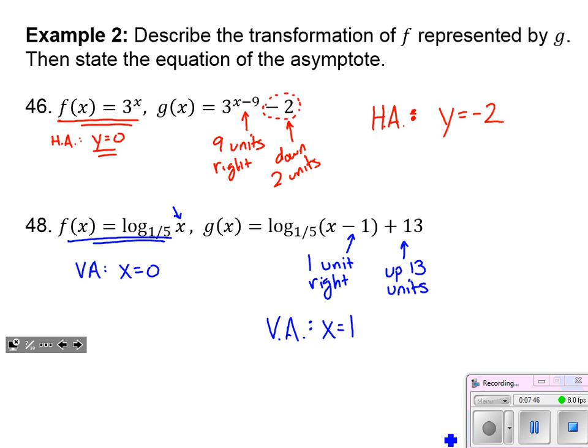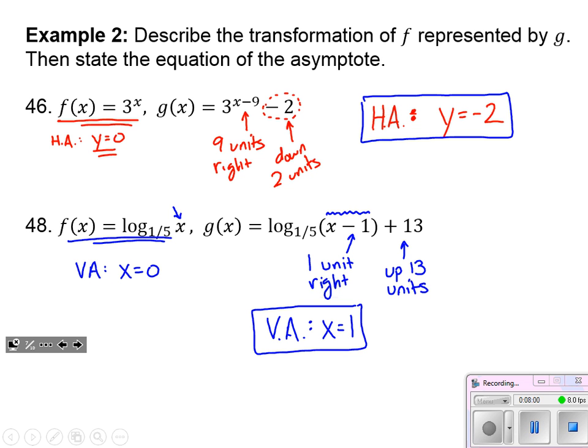Now, what would it take to zero out that argument? If x were equal to 1, it would zero out the argument. That's my new asymptote. Knowing where the asymptotes are located really helps us draw our graphs, because we know that the graph will be pulled towards that line as we move along the curve.